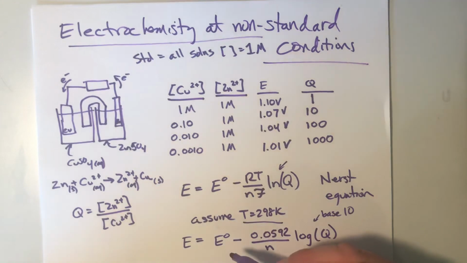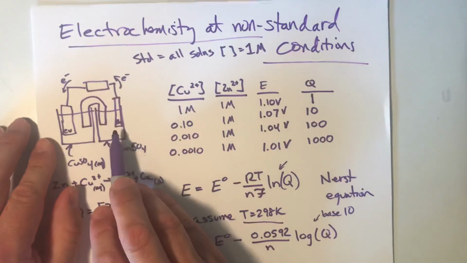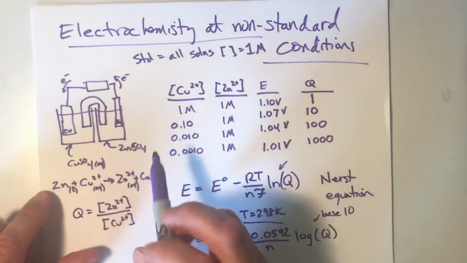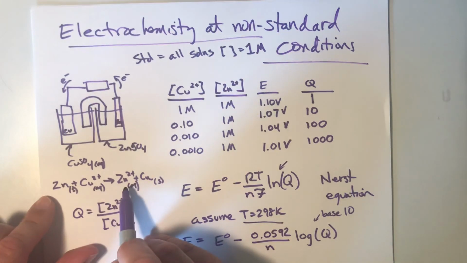One other thing to note here is that this is actually the reason that batteries go dead, as we say. Because what happens here is that you've either used up too much of the copper or created too much of the zinc 2+ ions.